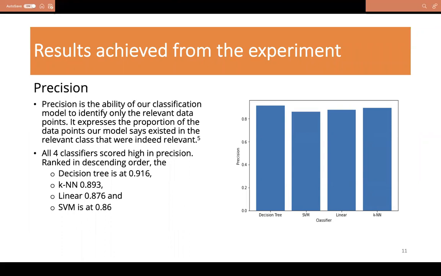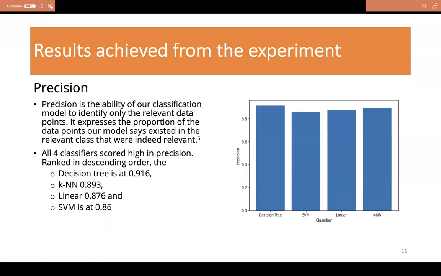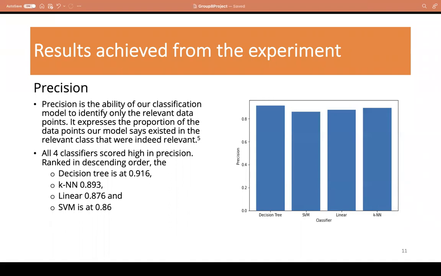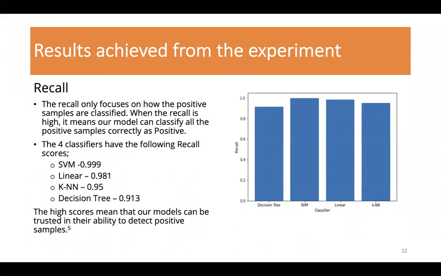So in all four classifiers, for decision tree, we have the highest of 0.91, and for KNN, we have 0.89, linear 0.87, and SVM is 0.86. So for the results, I pass to Shulamit to continue.